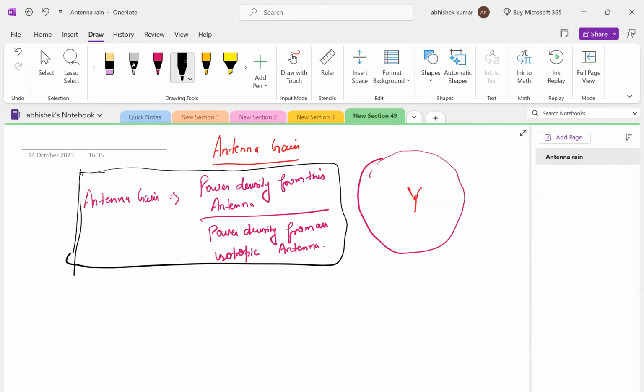Antenna gain. Now we will define the directivity. What is directivity of an antenna?